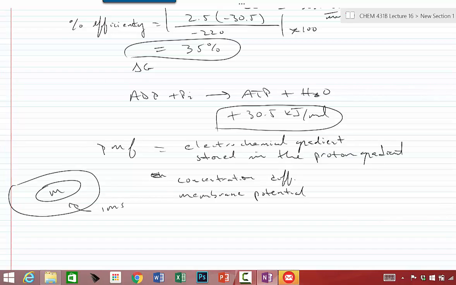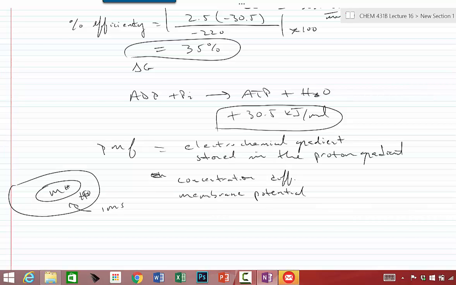I think I mentioned that you have a lot of protons here on the outside and a tiny bit of protons on the inside. So they've figured out what that pH difference is, and they've also been able to measure the voltage difference across that. So that's the concentration difference, the pH, and the membrane potential.